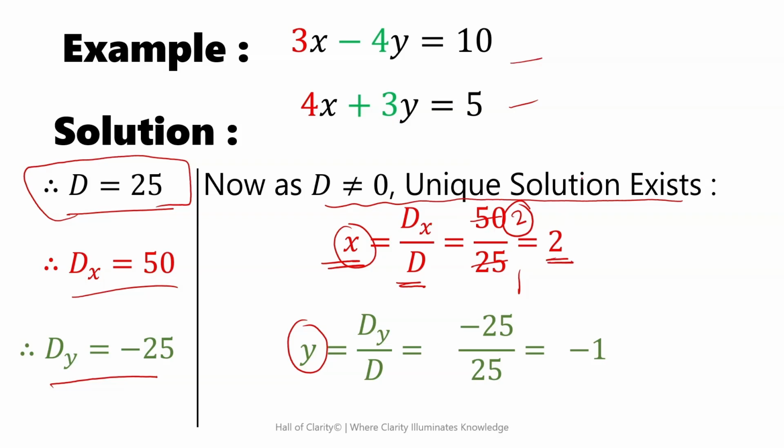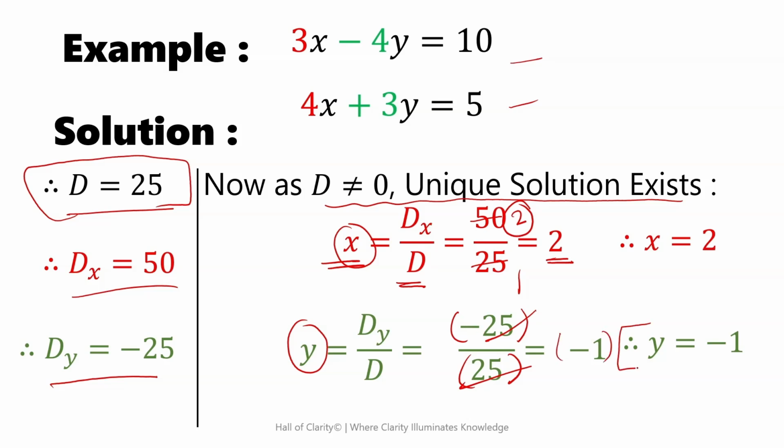So the value of x is 2, and the value of y can be found out as Dy upon D. So the value of Dy is minus 25 and the value of D is 25. So this 25 will get cancelled, and what will be remaining is minus 1.